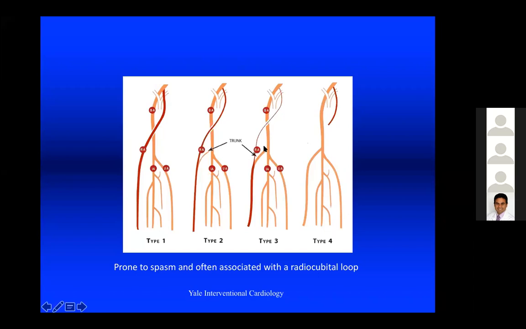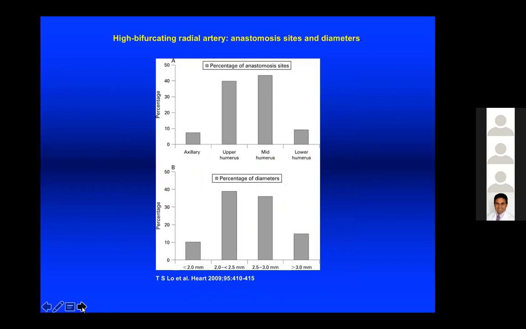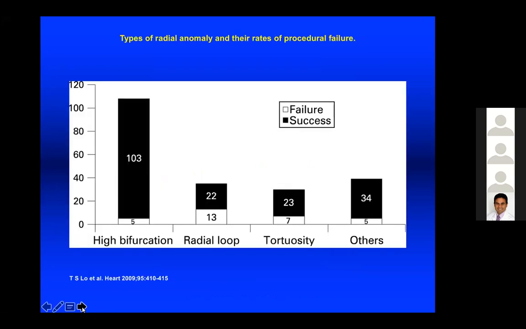If you come back and take an angiogram of the elbow area, then you'll be able to identify which of these anatomic variations you're in. Oftentimes you just need to redirect the wire into this connection and get into the brachial and out of this accessory. And very often these high bifurcations result in failure of radial access.